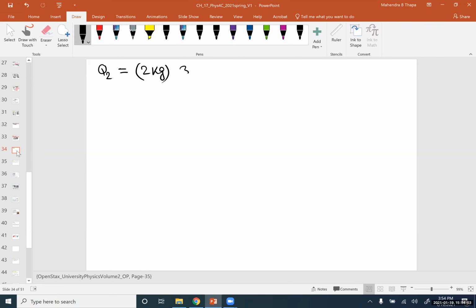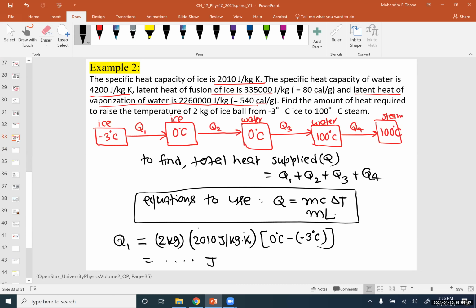They give you in the question 335,123 joule per kilogram. So you can simplify, and you can get something joule. Here we use the equation Q equals ML. In the previous case, we used the equation Q equals MC delta theta or delta T, whatever.